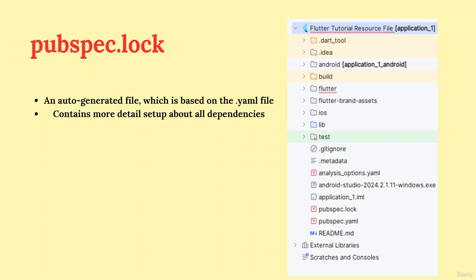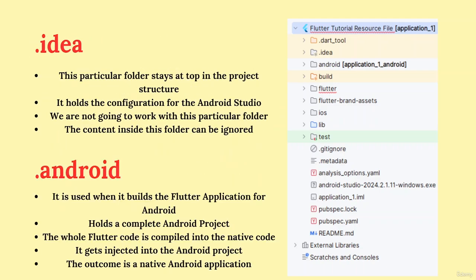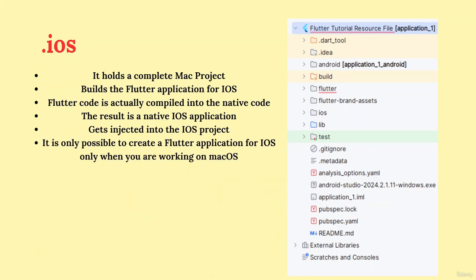I hope now you have got a basic idea about the folders that we are going to see very often once we are building our application. In detail, we have learned about the .idea folder, the android folder, what all it contains and how important it is. We have learned about the ios folder, what its features are and what it does for us.